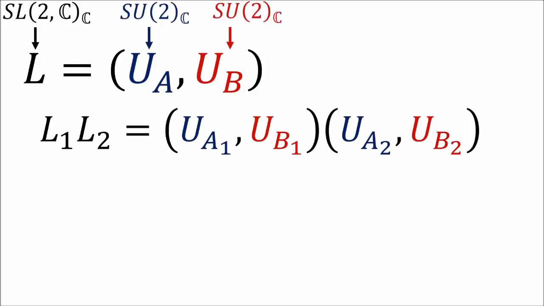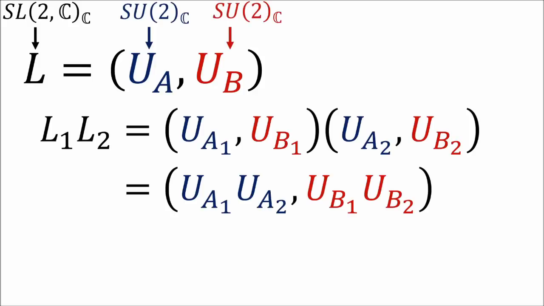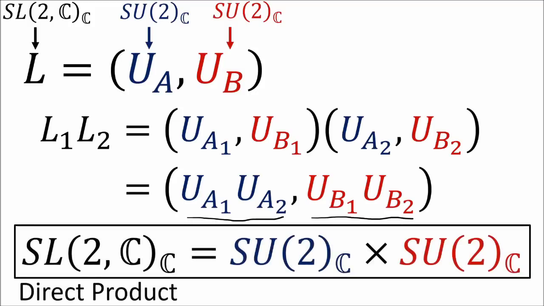And when multiplying group elements together, the A elements and B elements just slide past each other and multiply with themselves. Because of this, we say the complexified Lorentz group can be written as the direct product of complexified SU2 subgroups. This direct product symbol indicates members from the two subgroups are written as ordered pairs, where the left elements multiply with left elements and right elements multiply with right elements.